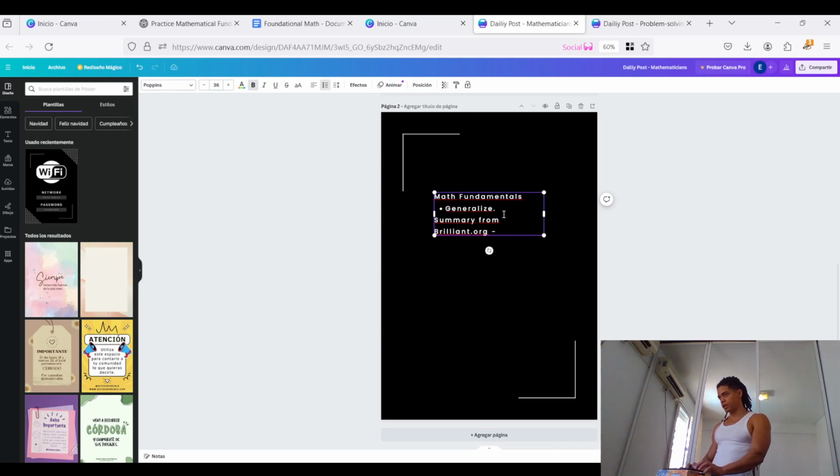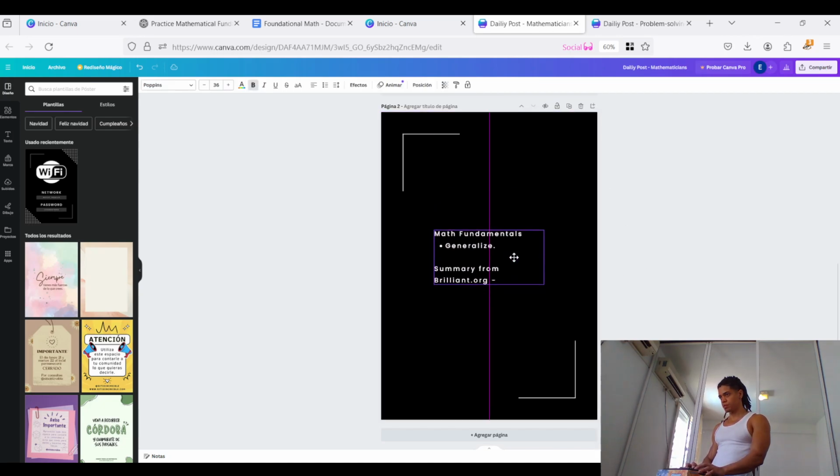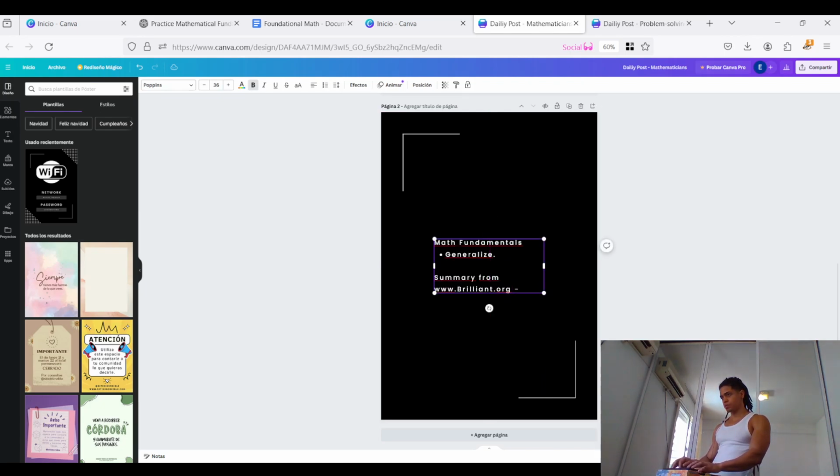Math fundamentals, generalize. Summary from brilliant.org. Yeah, and I'm going to add this.